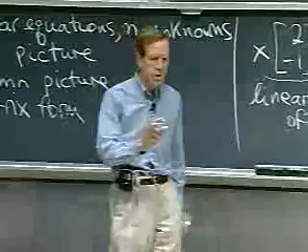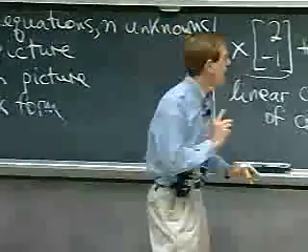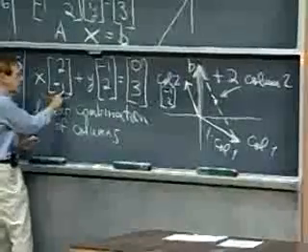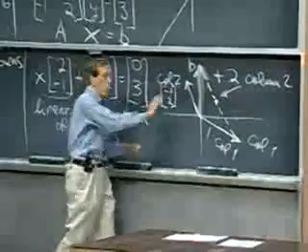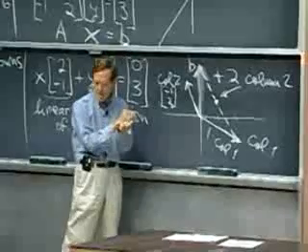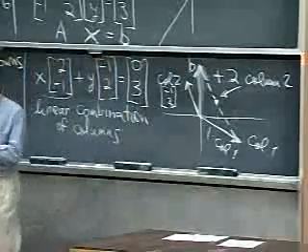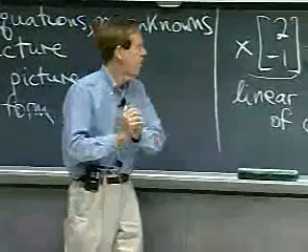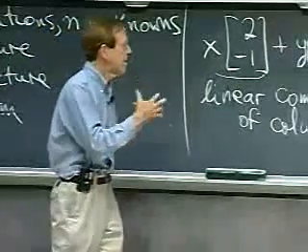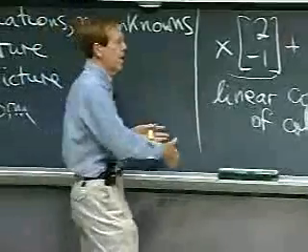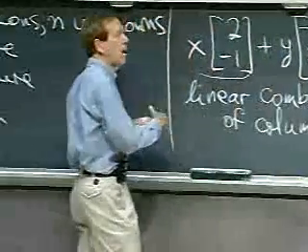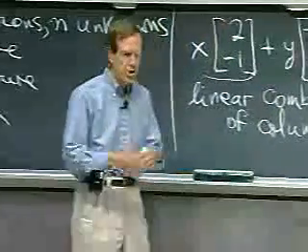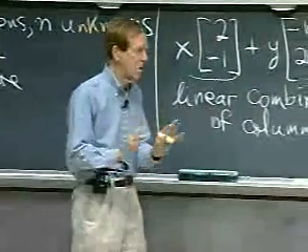Actually, the result would be that I could get any right-hand side at all. The combinations of this and this would fill the whole plane. You can tuck that away. We'll explore it further. But this idea of what linear combination gives B, and what do all the linear combinations give, what are all the possible achievable right-hand sides B, that's going to be basic.